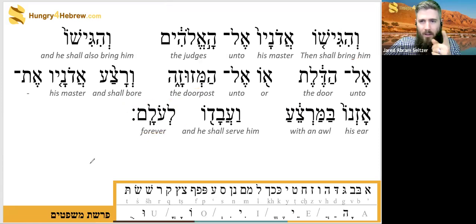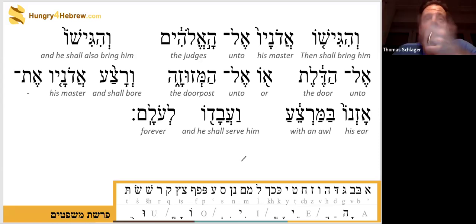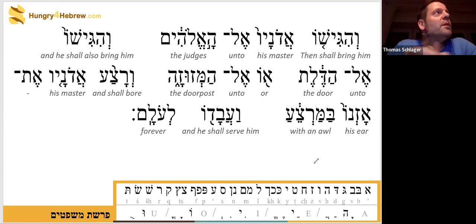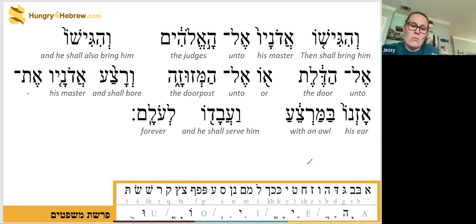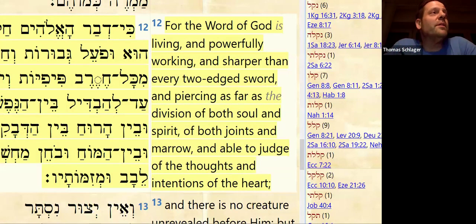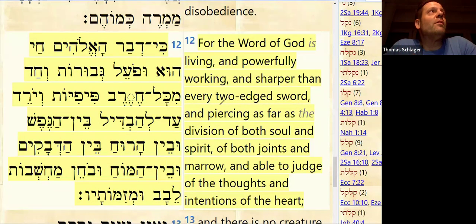All right, excellent. Comments, questions on this verse before we move on? Thomas. We have the same translation in Germany, that Elohim is judge. That is written in the New Testament in Hebrews 4:12. The Word of God is a living, two-edged sword, and it's a judge of the alignment of the heart.